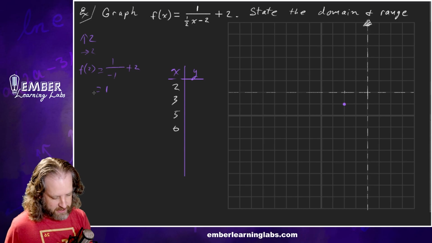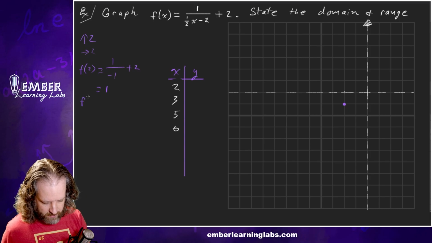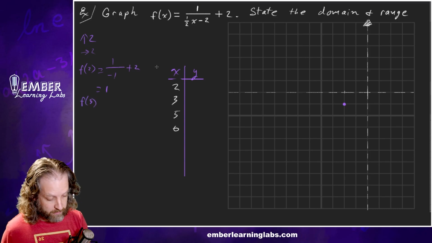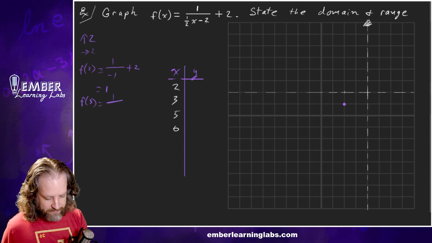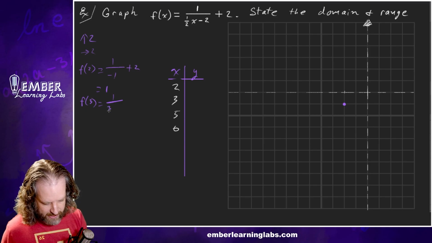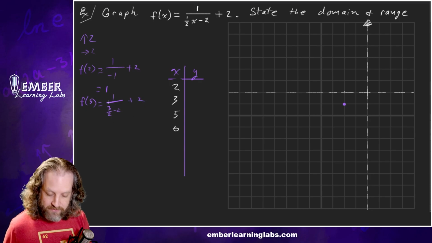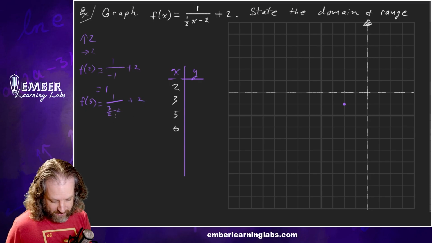Okay. And then let's plug a 3 in there. f of 3. Now this one's going to be a little bit weird. We're going to end up with fractions, right? We have 1/2 times 3, which is 3/2, minus 2 plus 2. 3/2 is 1.5, right?